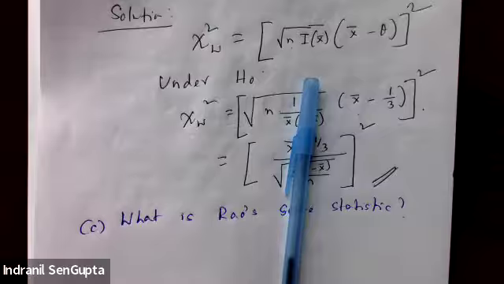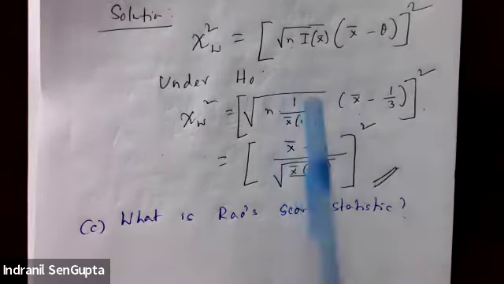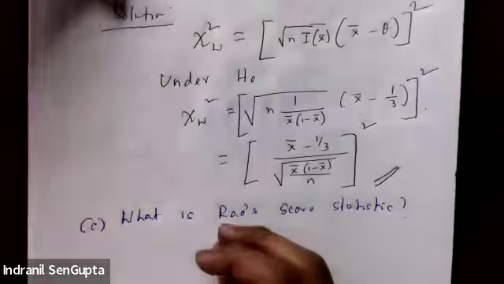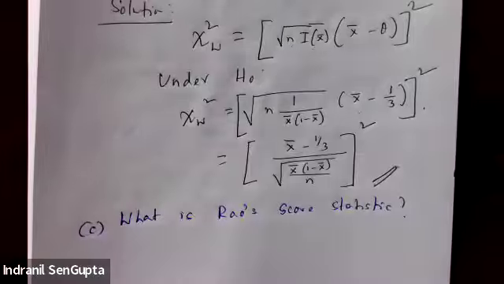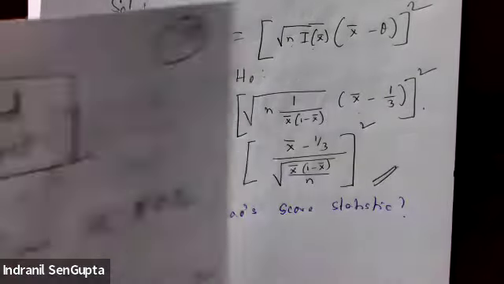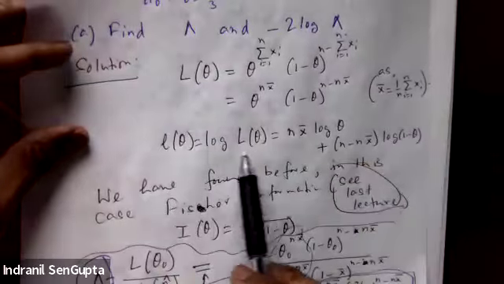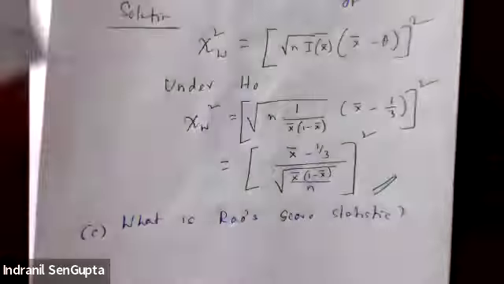In this case, we have already seen what is L prime of theta 0. We have already computed L prime of theta, which is right here. So note that I have already computed L of theta. So if I differentiate that, I can compute L prime of theta.